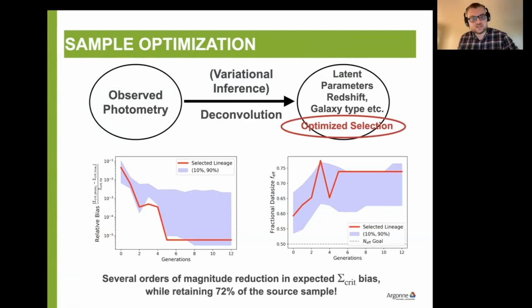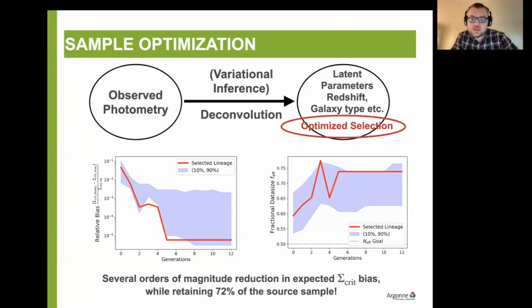What we do in this context is we take the observed photometry, we use a very fast variational inference technique to deconvolve the noisy observations into a latent parameter space of redshift, galaxy type, etc., and then do an optimization of the selection in this latent space.